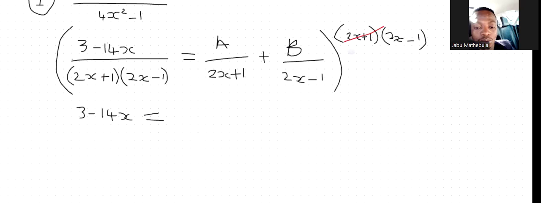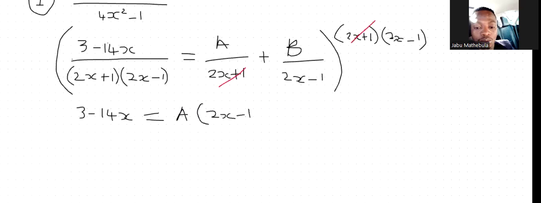Okay. So now let's take this and multiply it into A. The 2x plus 1 and the 2x plus 1 will cancel. Then we will be left with A being multiplied into 2x minus 1. Then we say plus.